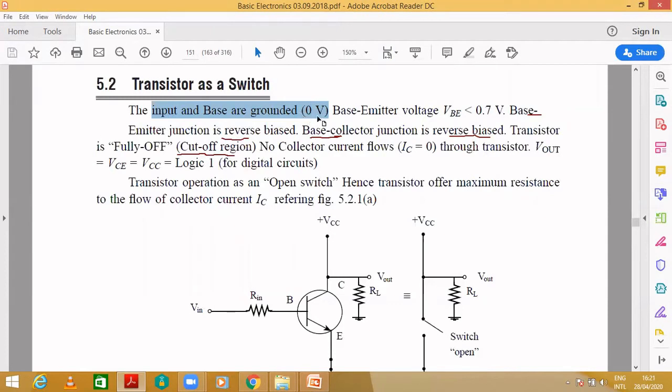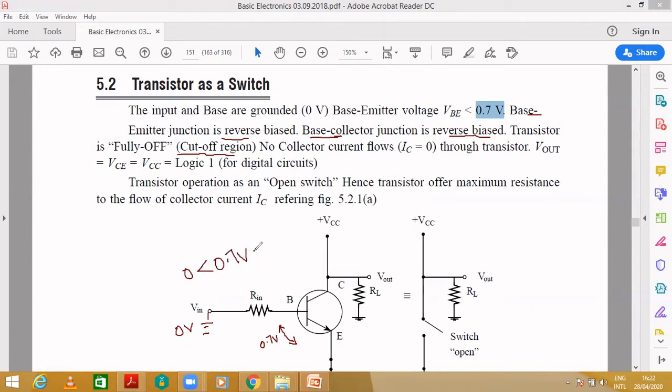The 0 is less than VBE, the cut-in voltage required to switch on your transistor. We require 0.7 volts to switch on, but we are giving only 0 volt. So 0 volt is very much less than 0.7 volt, hence the transistor will be in the off state.